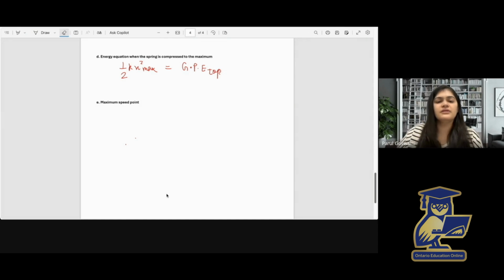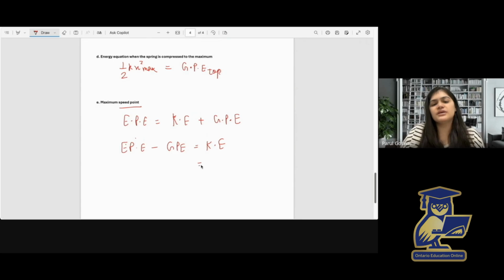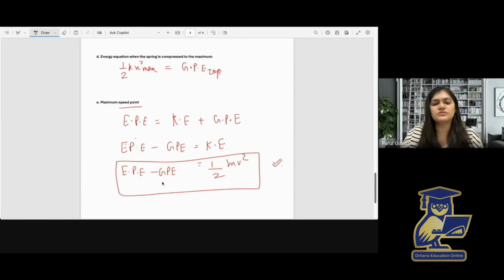So elastic potential energy has been converted to kinetic energy, KE, and some gravitational potential energy. So, in order to find the maximum speed point, we can write EPE minus GPE equals KE. And since we know KE is half mv square, from this we can get the maximum speed. This is the equation that we can use.